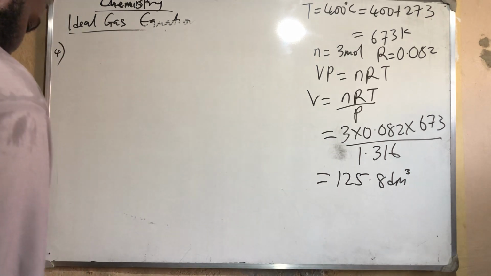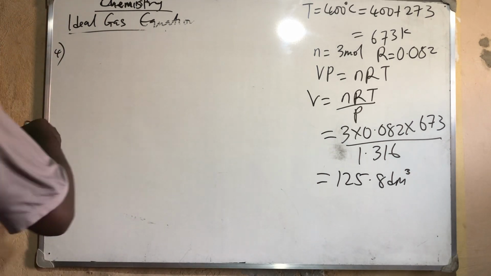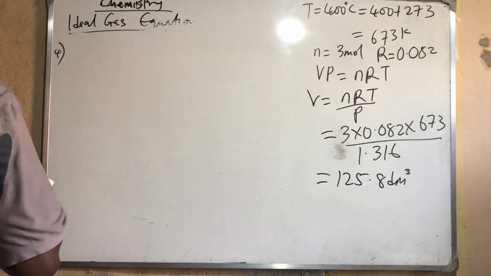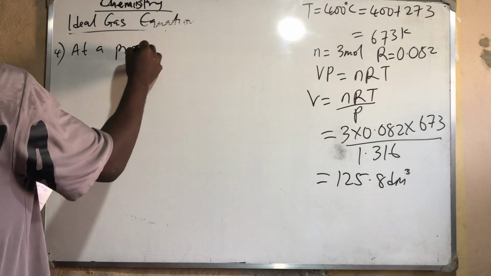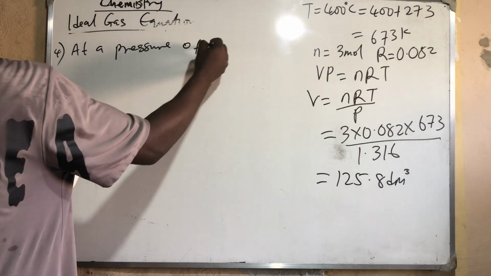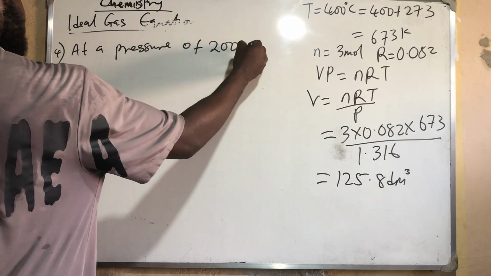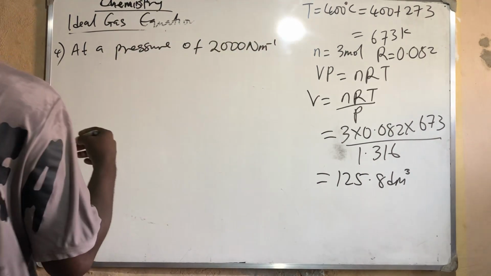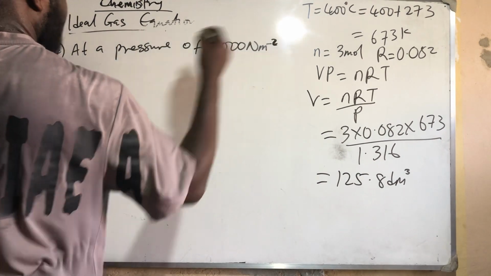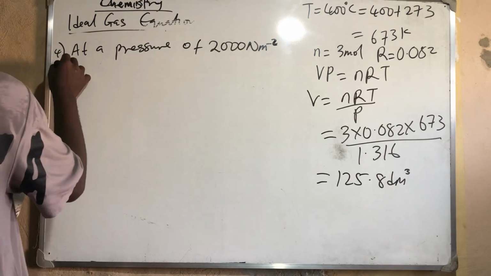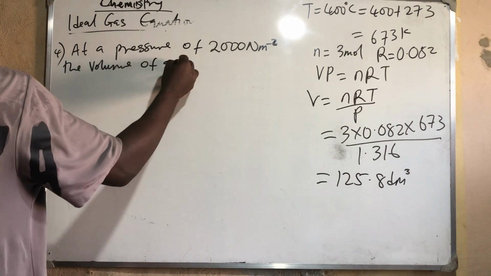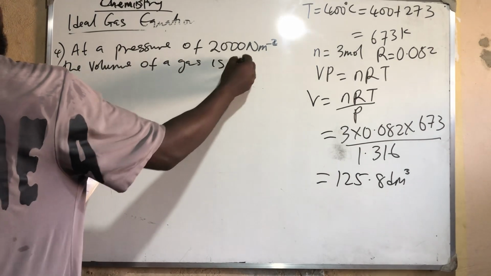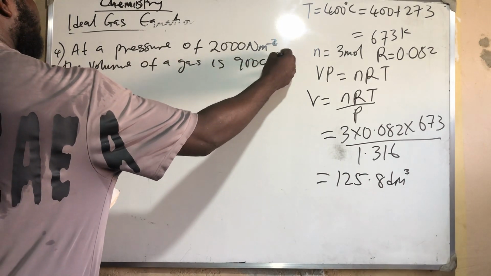All right. Question number 4 said at a pressure of 2000 Newton per meter square, they say the volume of a gas is 900 cm cube.